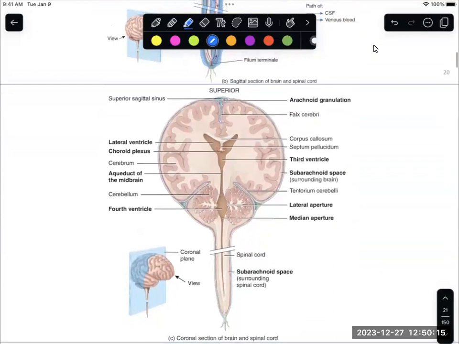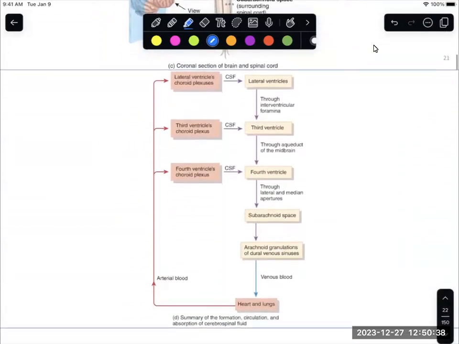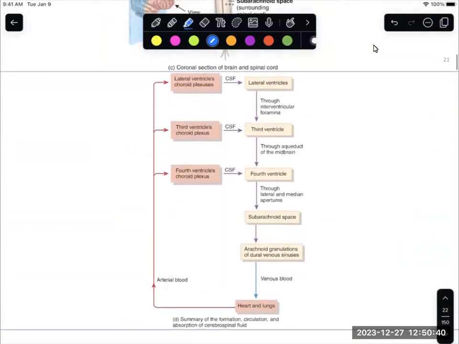So here we can see it from another view. We just see that choroid plexus found in those lateral ventricles, that third ventricle that goes through that cerebral aqueduct to this fourth ventricle, which is then going to kind of travel around outside of the brain, through that central canal, around the spinal cord. So here is a really nice summary.